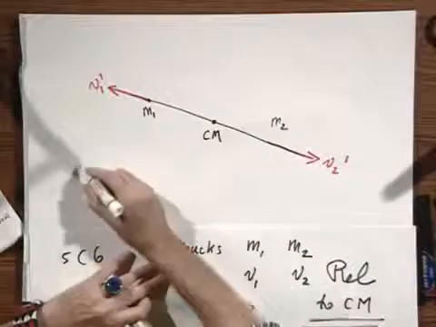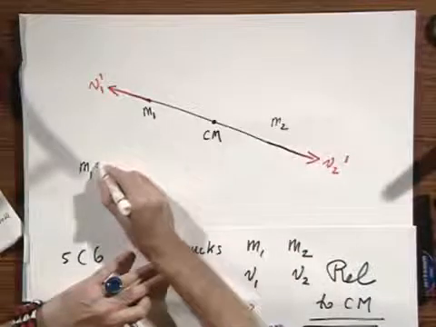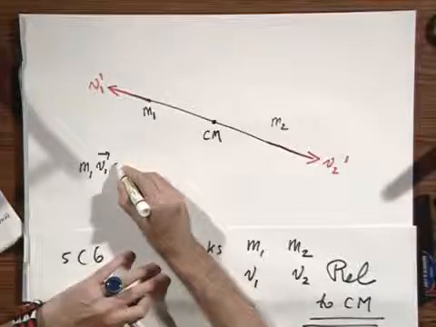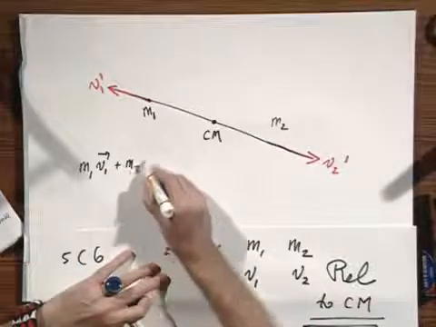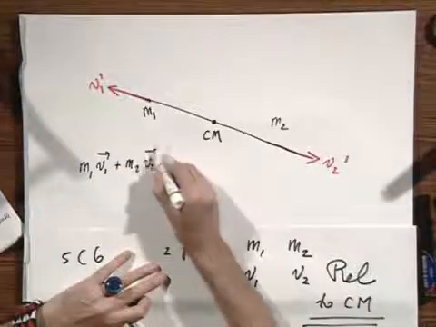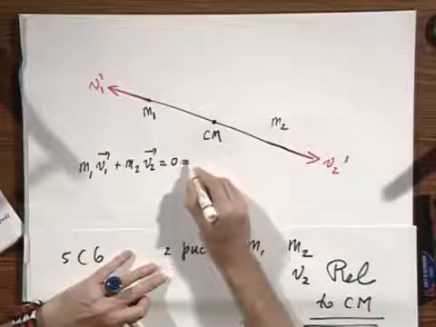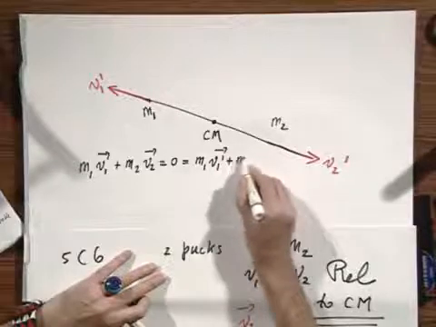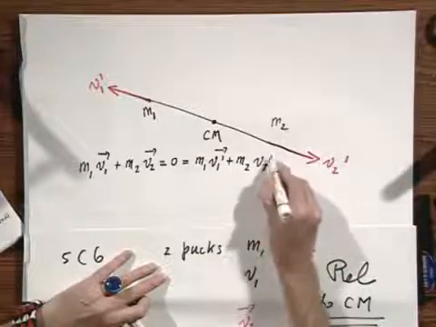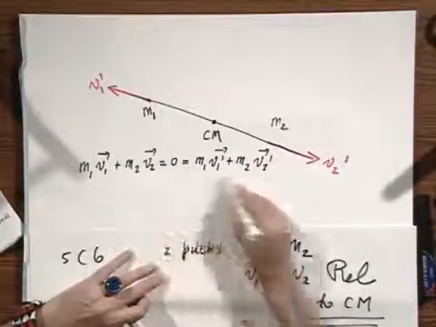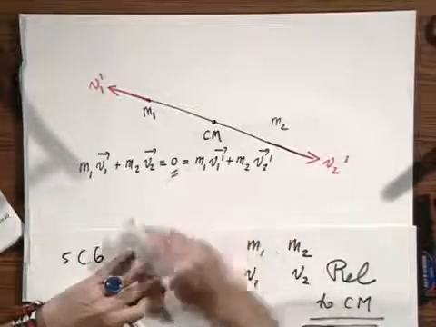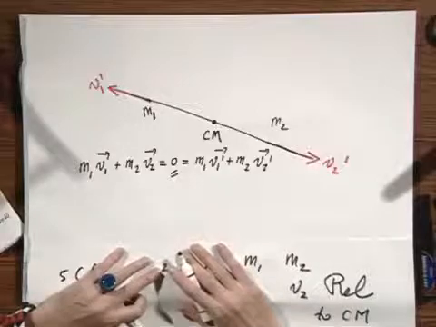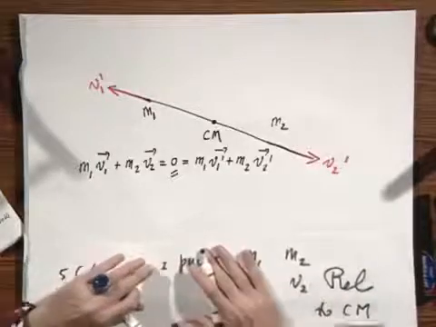So I can write down now that M1 V1, this is a momentum vector, plus M2 V2 must be zero, and this is also M1 V1 prime plus M2 V2 prime. This is the conservation of momentum, but it is zero. I can introduce a sign convention.